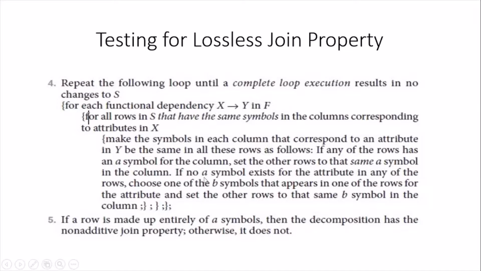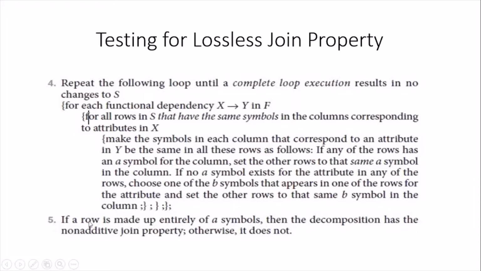If no A symbol is there, then you take one of the B's and assign that to all of them. What you are trying to do is make all the column values the same corresponding to the attributes in the functional dependency.